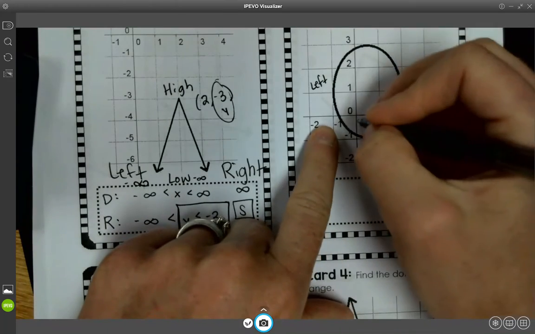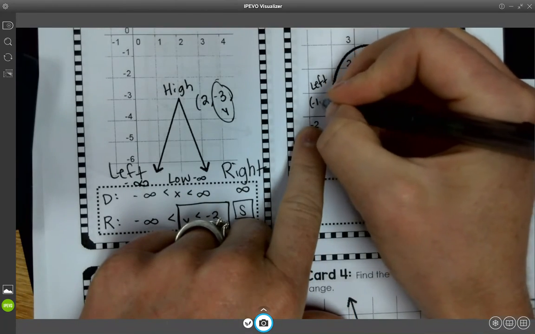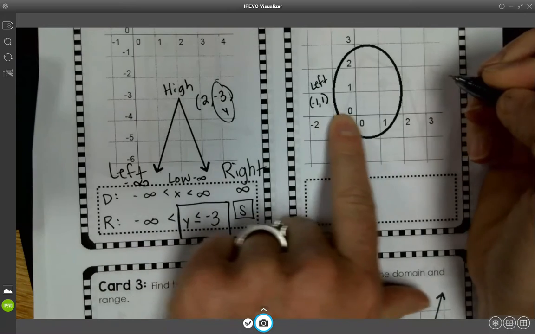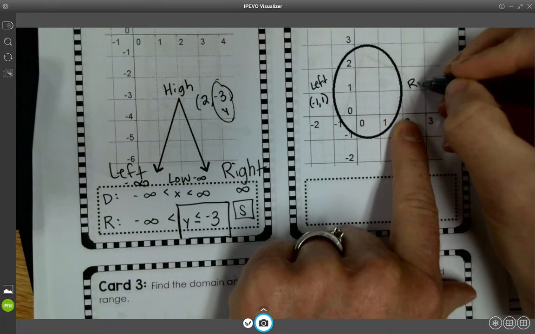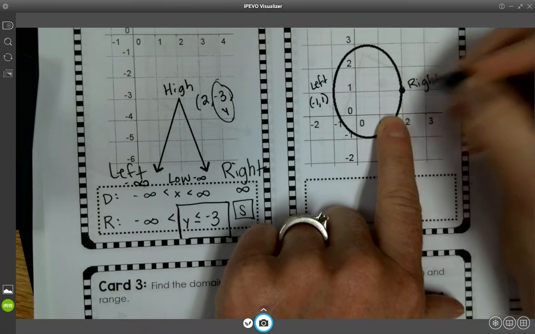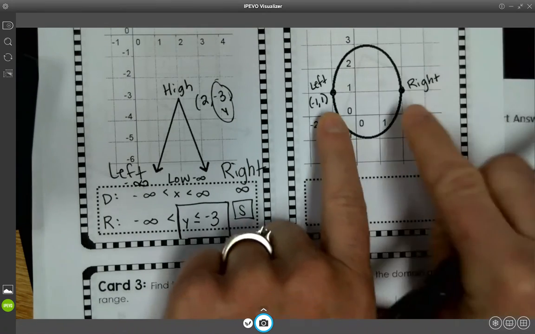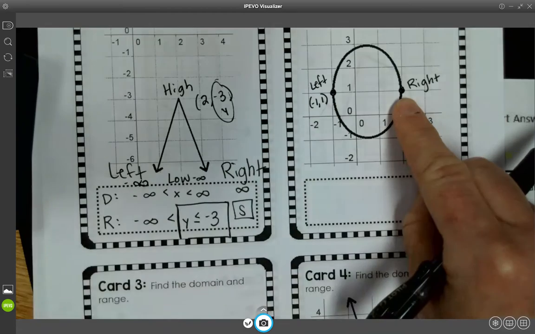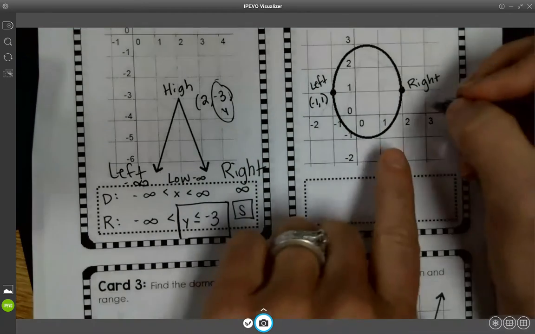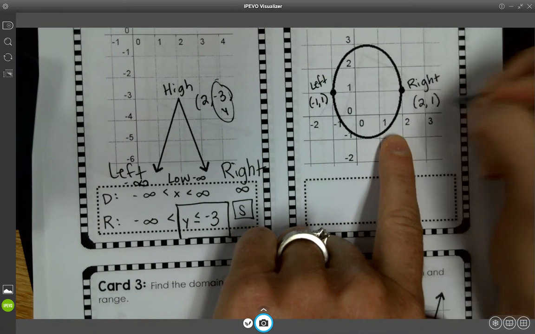So that point is at -1, 1. And then our right is over here. The furthest right it goes is right here. So that's your left and right, because remember, we're finding boundaries. How far it goes left, how far it goes right. So that would be 2, 1.